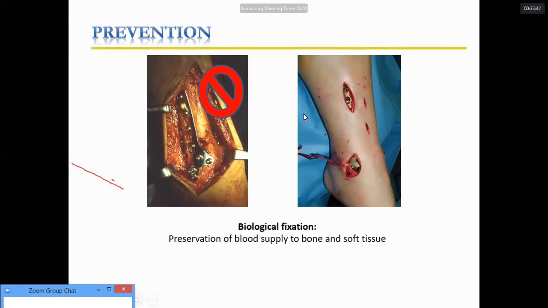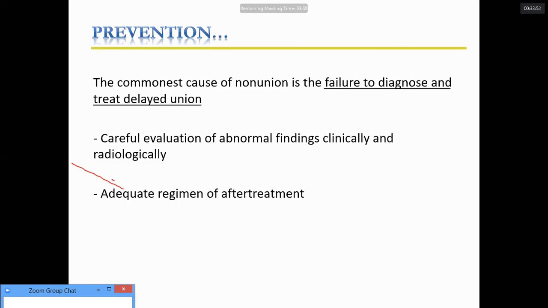So in these scenarios, obviously there are much fewer chances of non-union if this treatment modality is selected. Okay. So the commonest cause of non-union is failure to diagnose and to treat the delayed union. So diagnose as early as possible and give proper treatment as required.